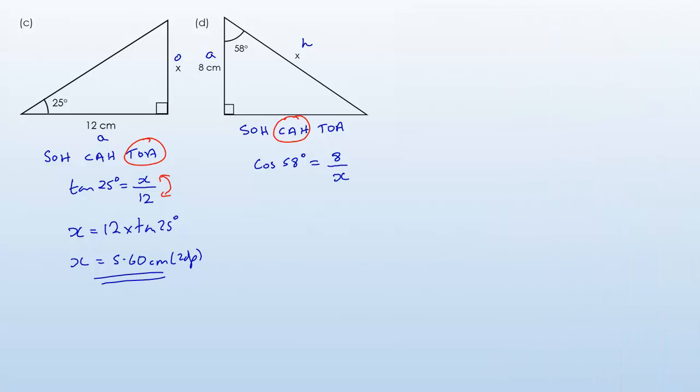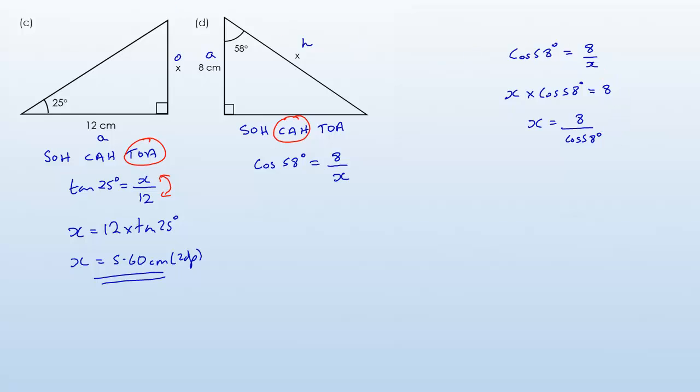Now I'll just move the calculator out of the way for a moment. If you have cos 58 degrees is equal to 8 divided by x, clearly in solving this you could bring the x up like this, and then divide both sides by cos 58, giving 8 over cos 58.